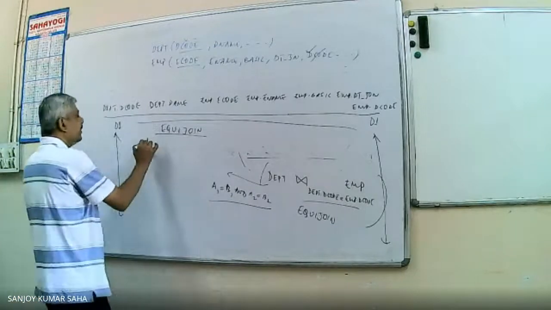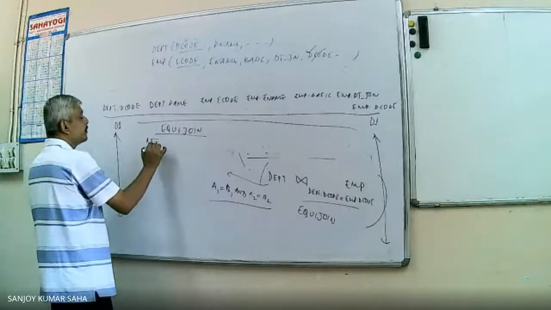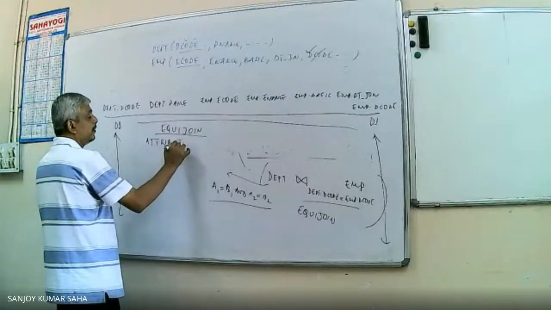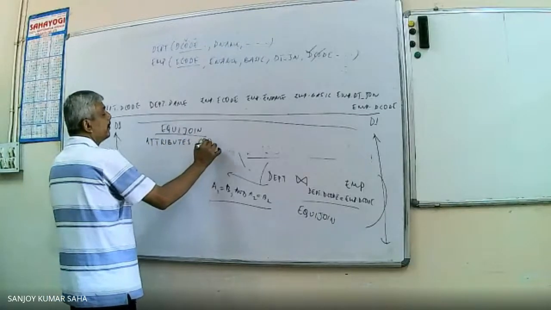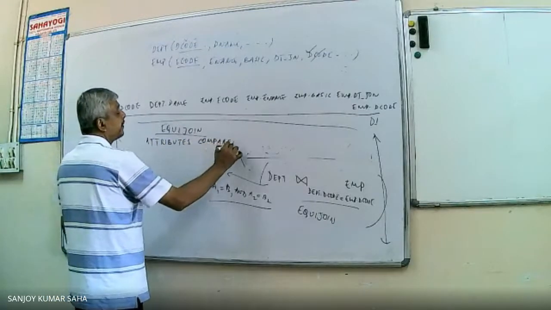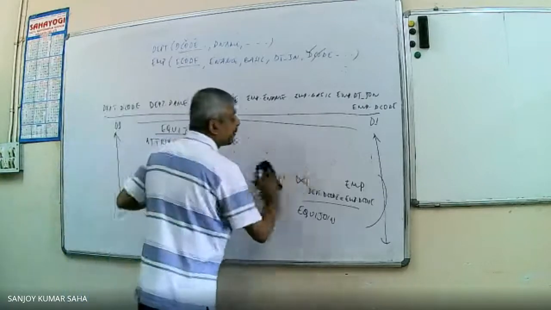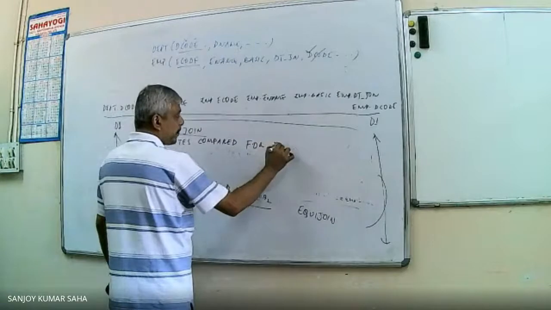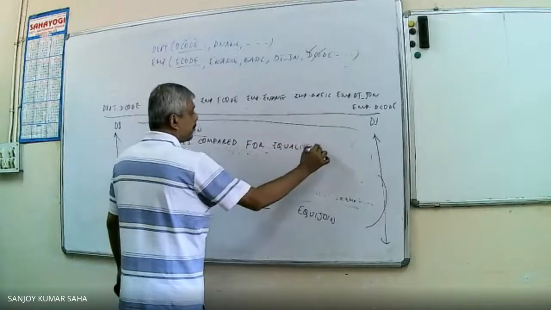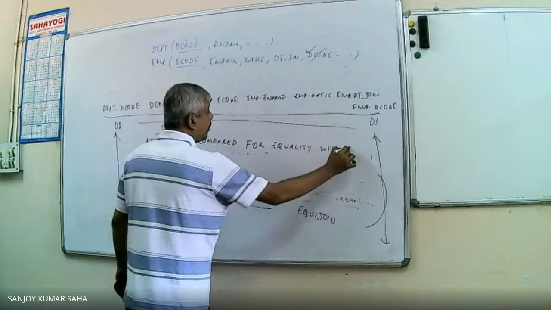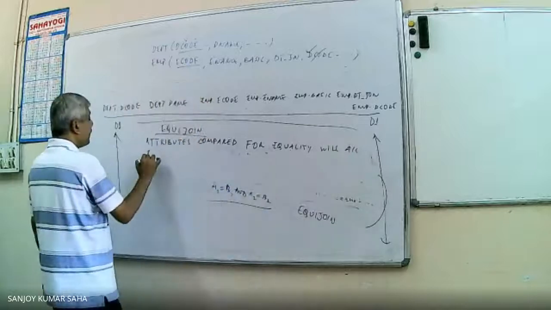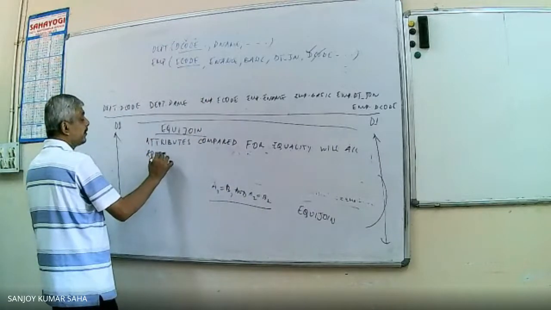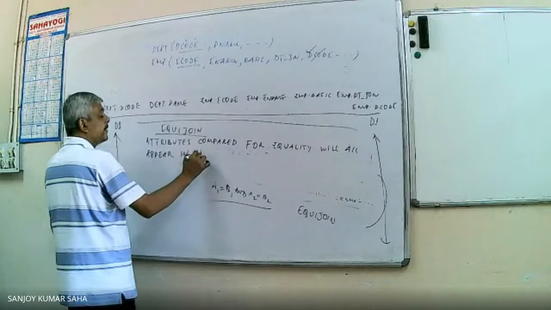So the attributes compared for equality in equijoin will all appear in the schema.